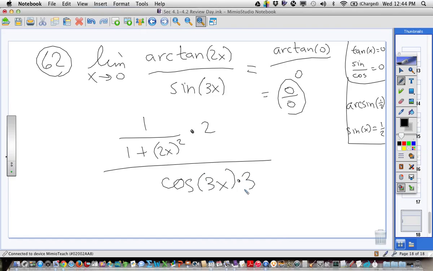Derivative of 3x is 3. Now we put in our 0. 0 squared is 0, plus 1 is 1, 1 over 1 is 1, 1 times 2 is 2. On the bottom, put in 0, cosine 0 is 1, 1 times 3 is 3. 2/3.